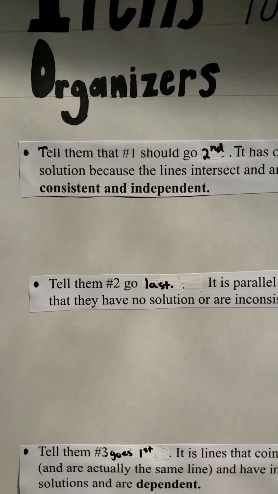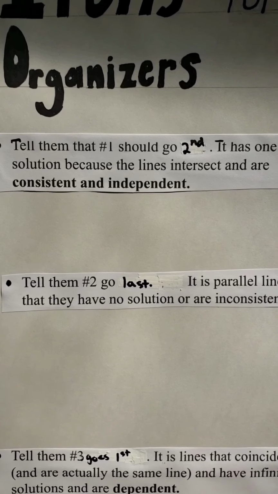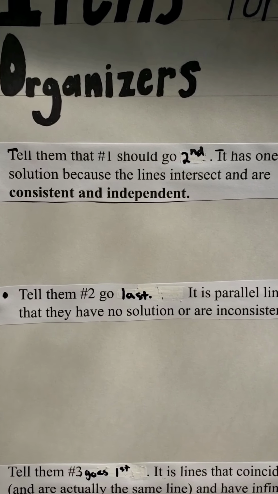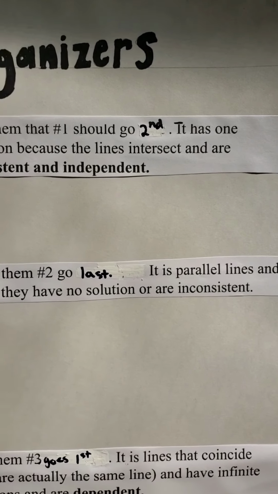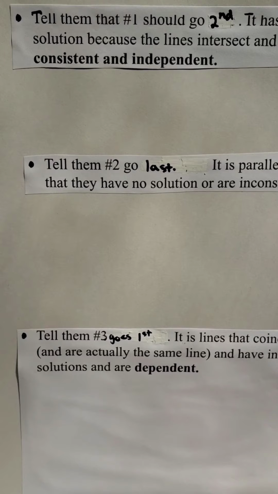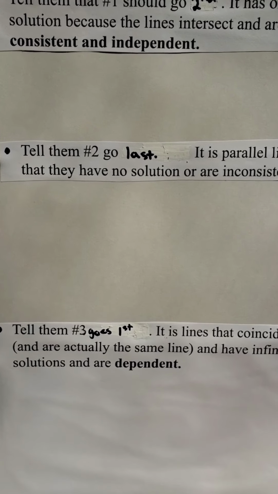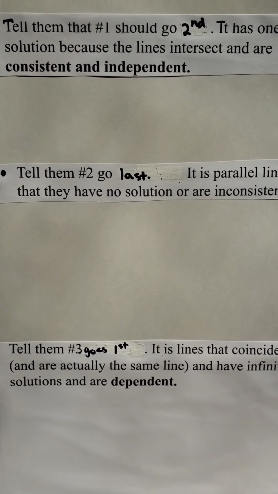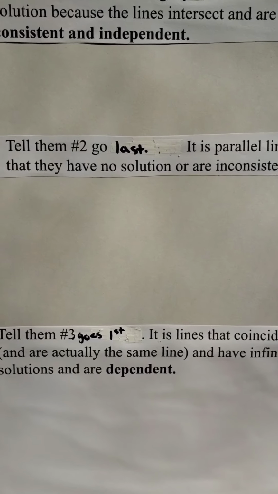Graph number 2 goes last. It is parallel lines and they have no solutions in common, or what we call inconsistent. And graph number 3 goes first. It is a line that coincides. They're actually the same line and have infinite solutions and are what we call dependent.